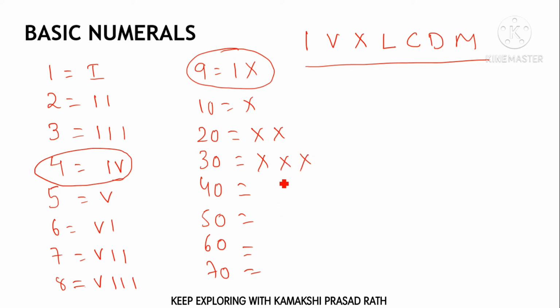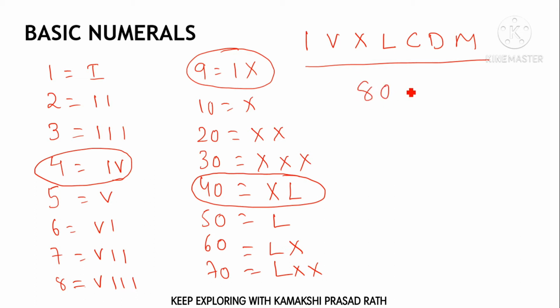But for 40 we cannot repeat it more than 3 times, so it will be XL. This is another small-big group. Next, 50 is L. Then 60 means 50 plus 10, so VI-style LX, then 70, then 80, 50 plus 30. Then 90, which I cannot repeat X to write, so we write XC, that is 100 minus 10.